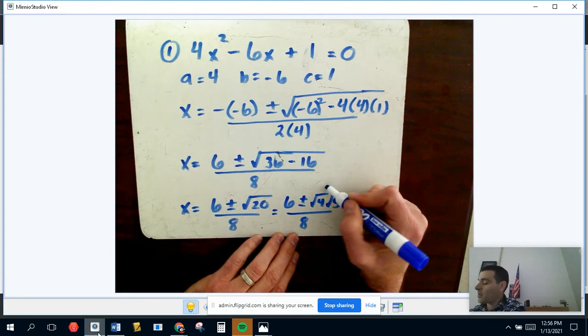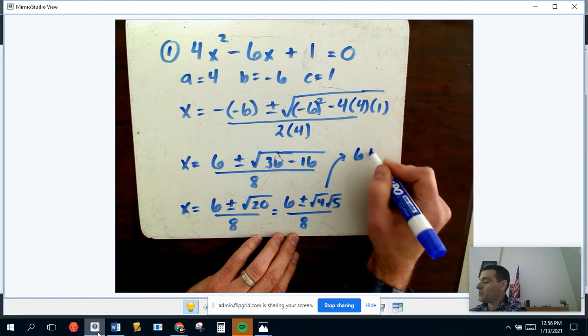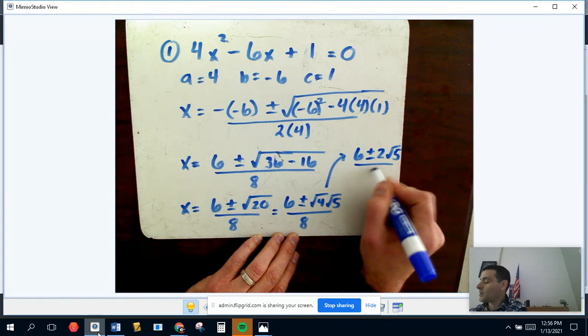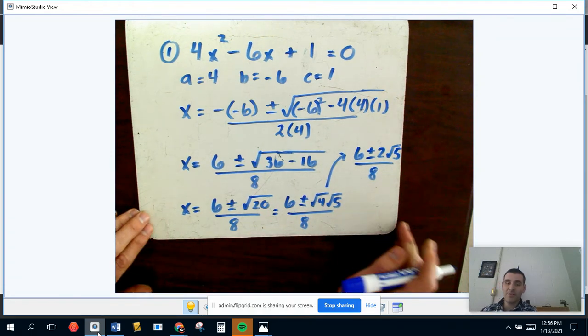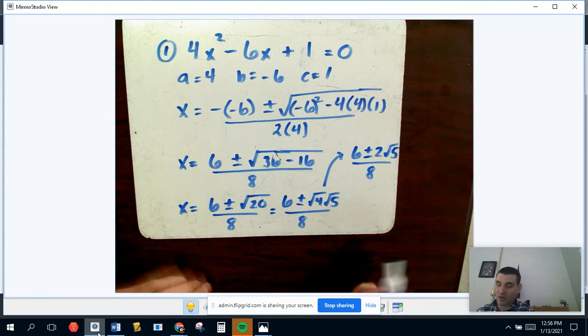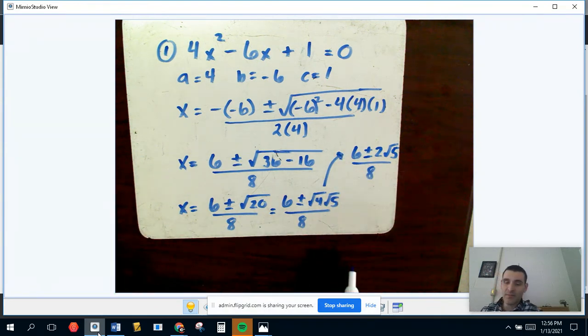And the square root of 4 in turn is 2. Now, that is a separate video, separate idea of how do you break down 20. A lot of people just do it on a calculator, but it is 2 root 5.